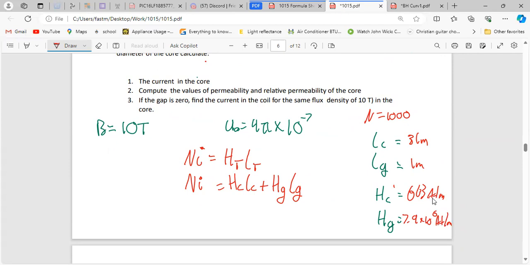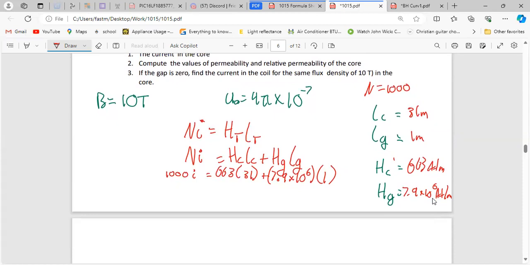So we know N was 1,000. We know H_c, 663. We know L_c, 31. Always remember everything has to be in SI units, meters, seconds. Those laws still apply in these courses. 7.9 by 10 to the 6 multiplied by the length of the gap, which is what? To get I, I would just plug in the calculator, so multiply that, plus 663.